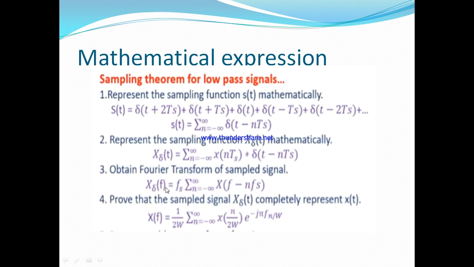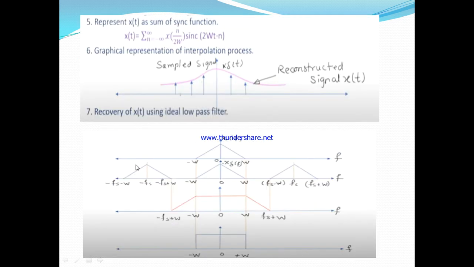X delta of f in the frequency domain equals Fs into sigma n equal to minus infinity to infinity x of f minus n times Fs. Next, fourth step, the sampled signal x delta of t completely represents x of t. So they have proved it.